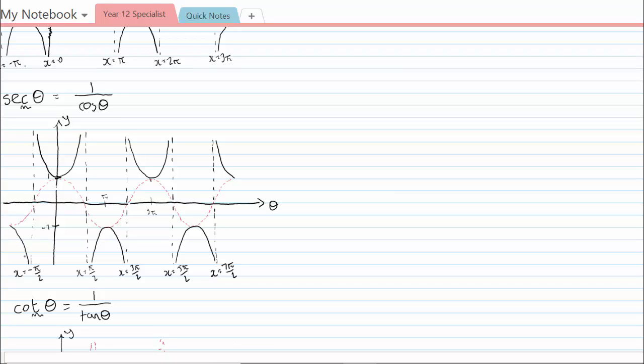There we have it. So that's the graph of sec theta, or y equals sec theta. And so again, the domain here is going to be all real numbers excluding the asymptotes, which occur at odd multiples of pi on 2.